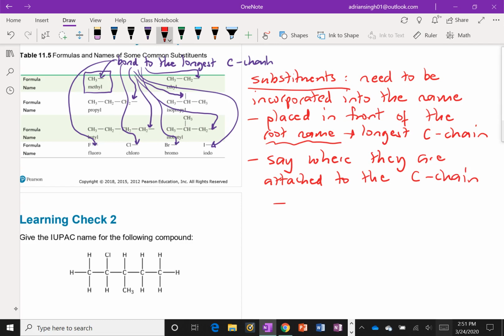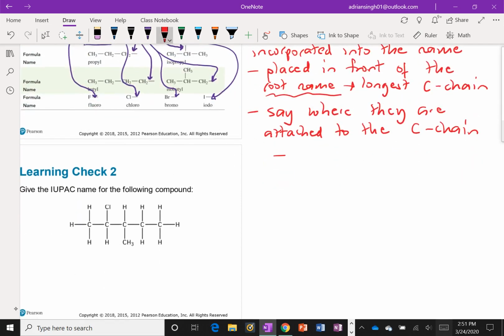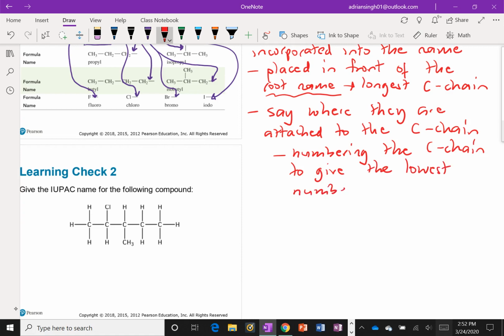And the way that we're going to do that is by numbering the carbon chain to give the lowest number possible for the substituents.